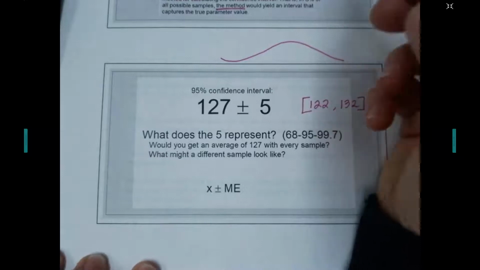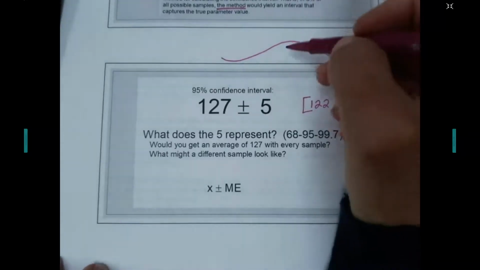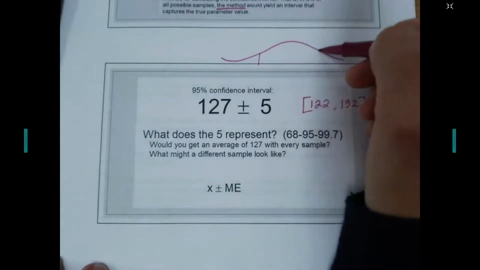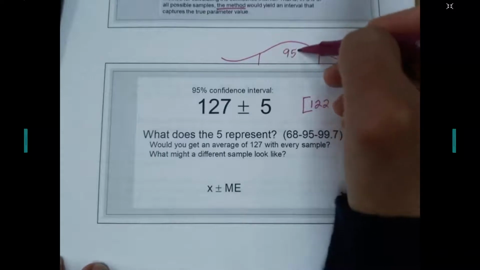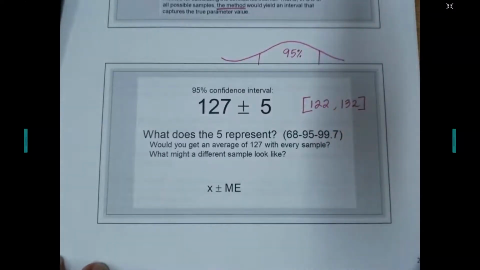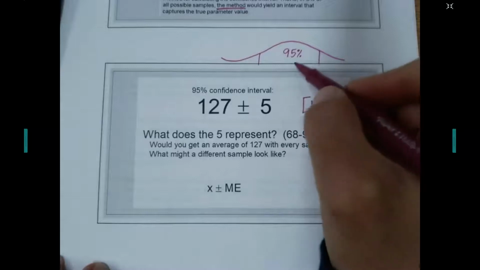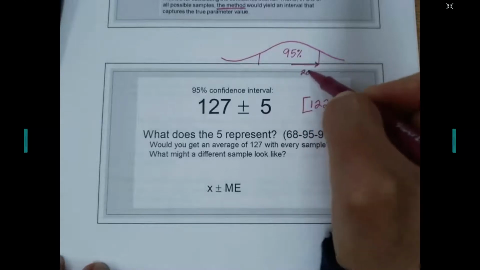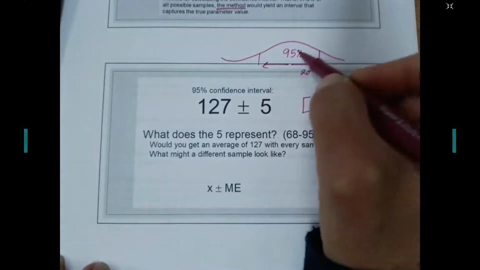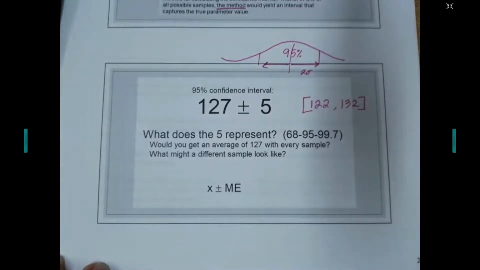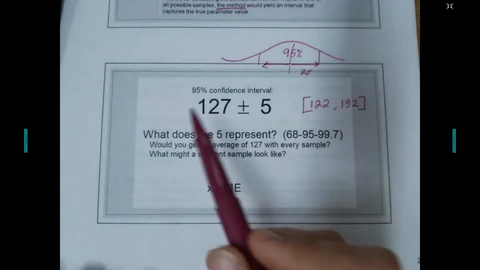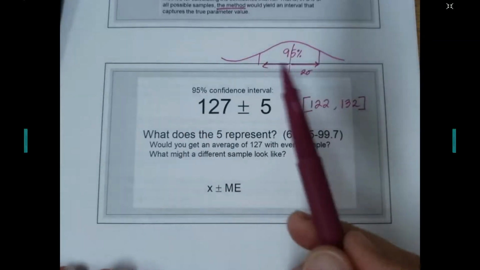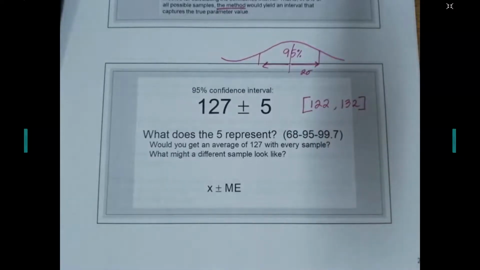When I'm constructing a 95% confidence interval, what that's doing is giving me the middle 95%. So essentially, that 5 is representing 2 standard deviations on either side of my point estimate, right? Okay. And if I were doing 90%, that would be the middle 90%, okay?